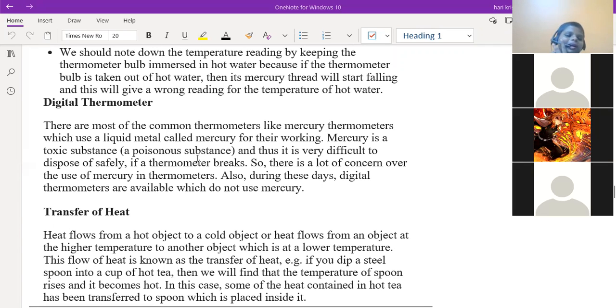Sir, in a clinical thermometer there is mercury, so it shows us the temperature. How does the digital one measure our temperature? We use a thermistor.